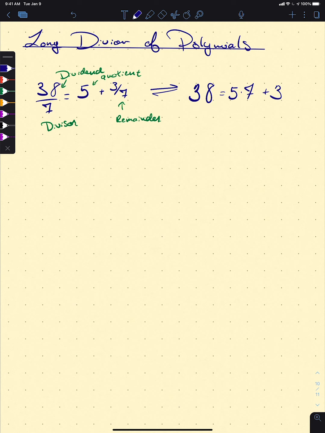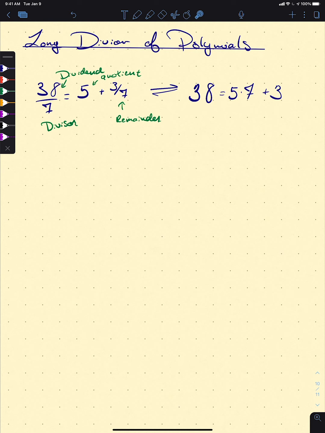This is the way that some of you might think about doing this problem: for 38, we have 5 sevens and then a 3 left over. And this is the way that more often than not we'll actually think about polynomial division. Not all the times, but sometimes.